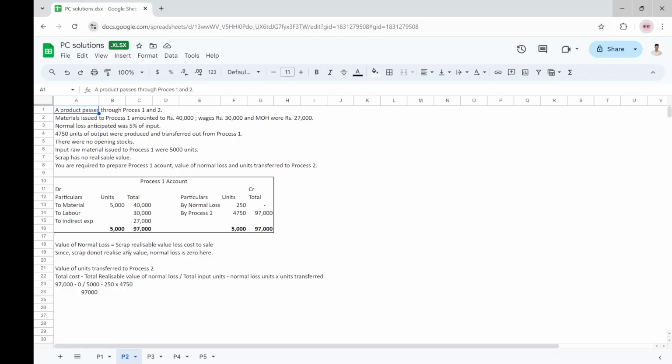Yeah, until this, right? Value equals normal cost minus total realizable value of normal loss, divided by total input units minus normal loss units, into units transferred. It's 97,000.